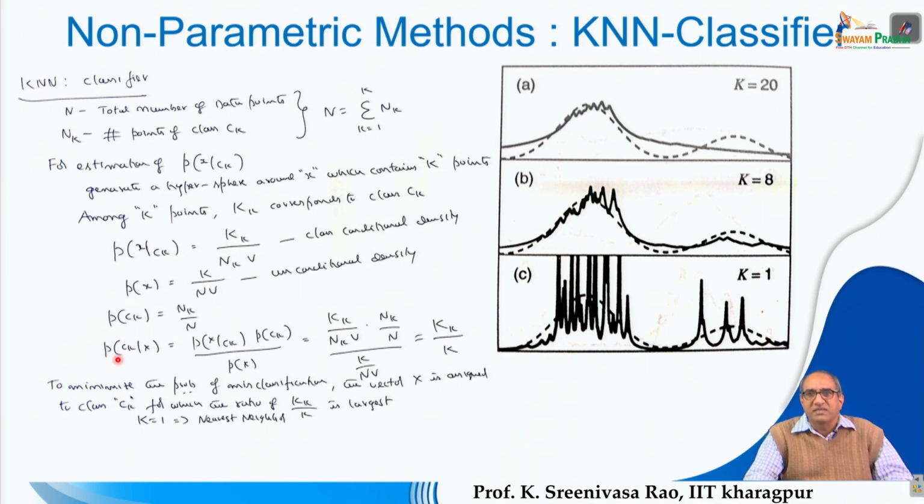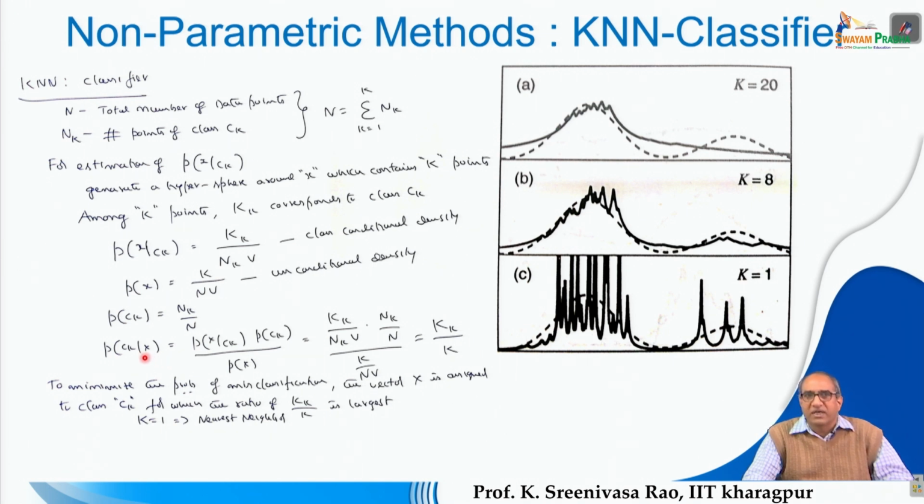Likewise, if you want to estimate which class a given feature vector belongs to, that is, if you want to classify a test feature vector into one of the classes, the way to carry it out is to estimate the posterior probabilities for all the classes with respect to the given feature vector.